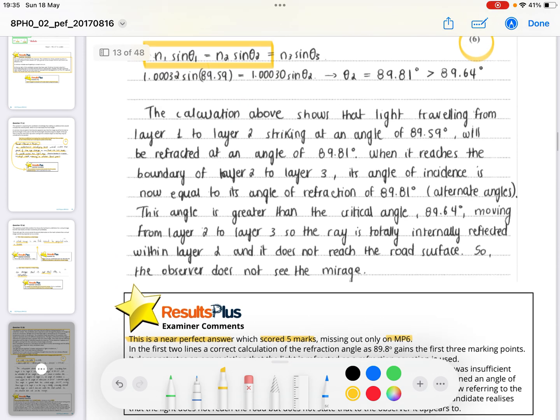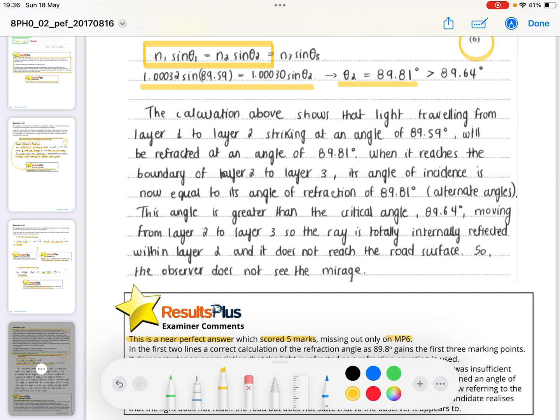So at the first boundary, the light does refract because the angle that they've given you is less than the critical angle. Then you can work out the angle of refraction by using this equation that I've just put the yellow box round. You put the numbers in, and you'll find, as this student has correctly, that the refracted angle is very close to 90 degrees.